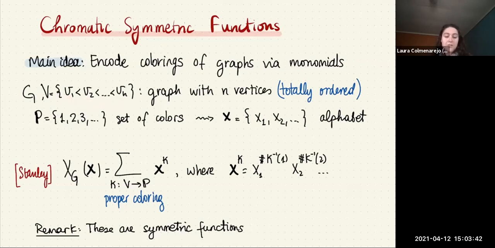But at the same time, I'm also going to use the numbers 1, 2, 3, etc. for a set of colors. And the way that I'm going to encode the colorings with monomials is using an alphabet.